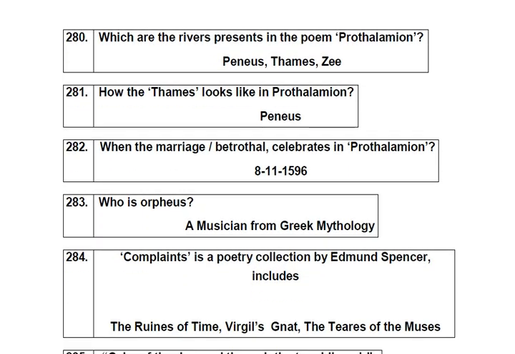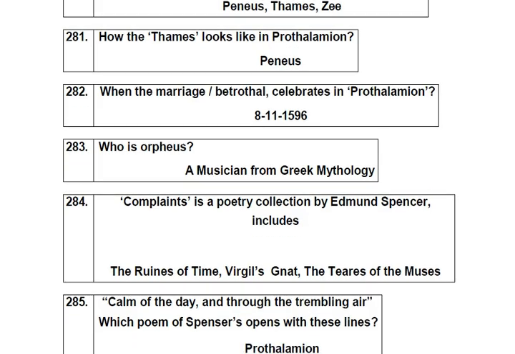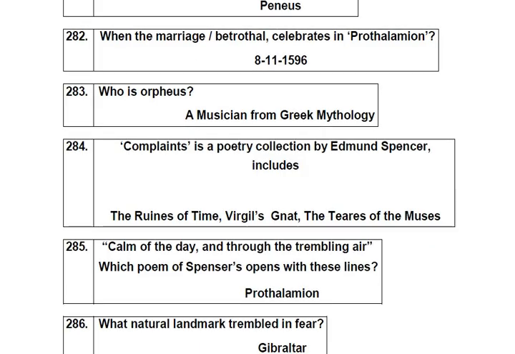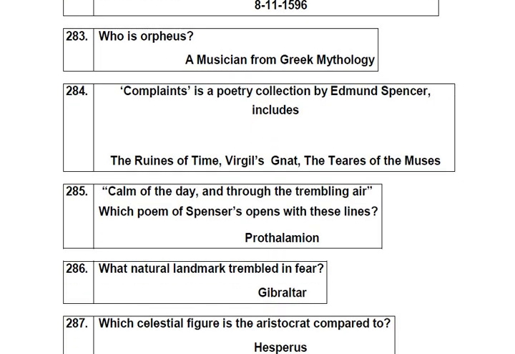Peneus, Thames, Lee. How does the Thames look in Prothalamion? Peneus. When was the marriage betrothal celebrated in Prothalamion? 8/11/1596. Who is Orpheus? A musician from Greek mythology.